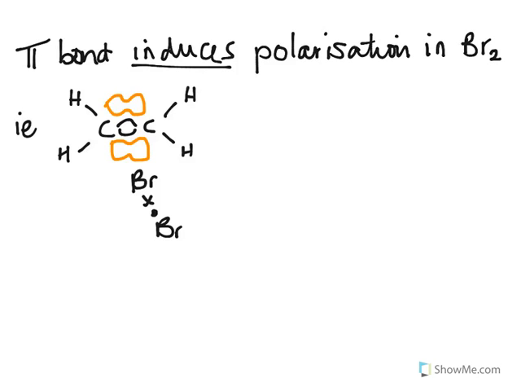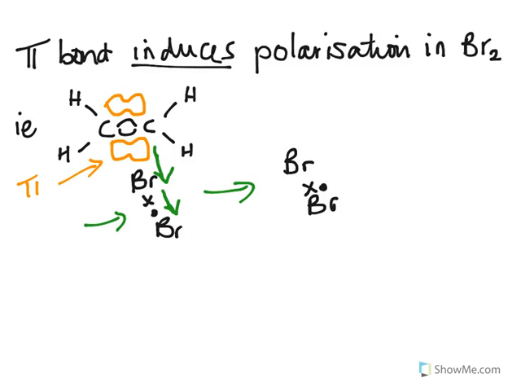So in other words, if we represent the pi cloud showing this big concentration of negative charge, and the covalent bond with the bromine as a dot and cross diagram, what happens as the bromine molecule approaches the pi system is that there's a repulsive force experienced here, which pushes these electrons towards this second bromine.